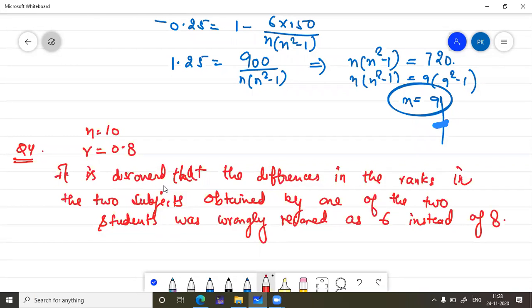But later on it was discovered that the difference in the rank of two subjects was wrongly recorded as 6 instead of 8. 6 लिखा गया गलती से but था 8 हमारे पास, right? Correct one was 8. So now we have to evaluate the corrected coefficient of correlation. Calculate corrected coefficient of rank correlation.